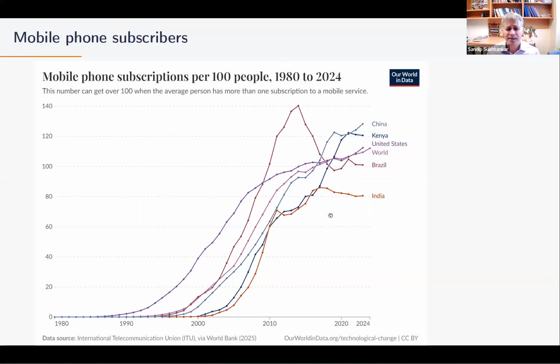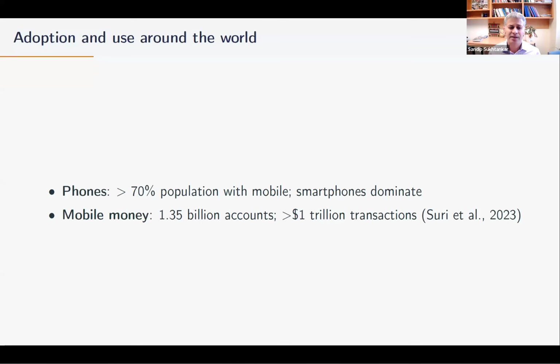So this is everywhere. In the world overall, you have more. That 12 billion figure is higher than the world's population, and that's of course because people have multiple phone subscriptions per individual. So that's obviously really exciting. What is also very exciting is the ability to transfer money using these phone accounts.